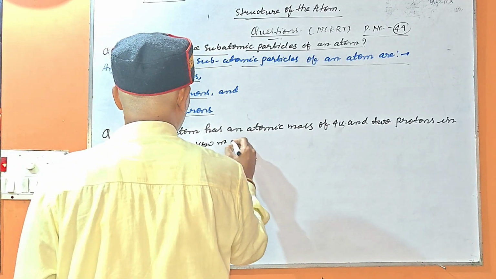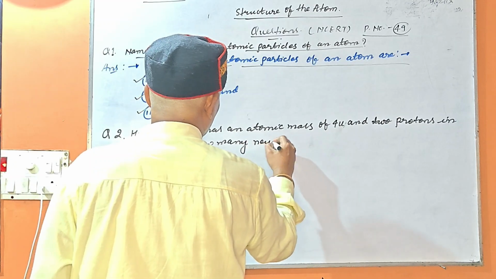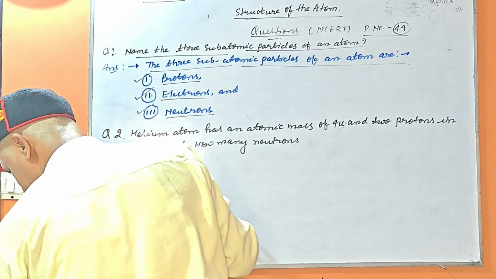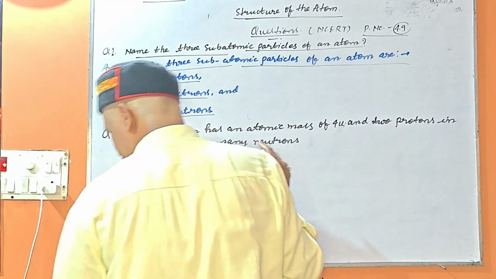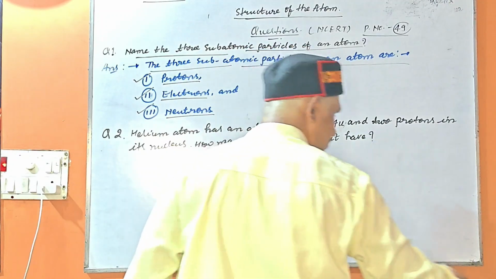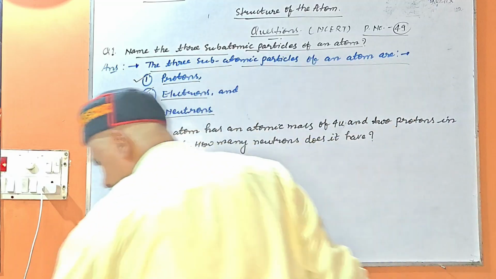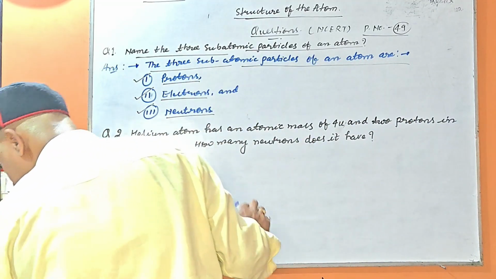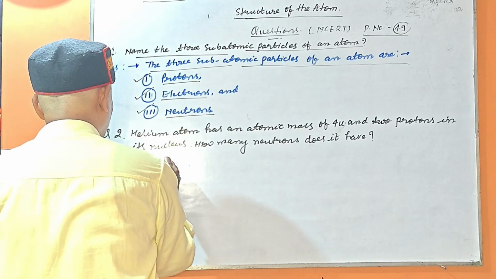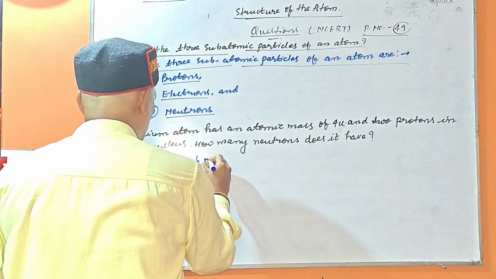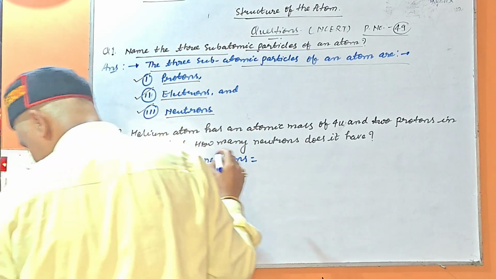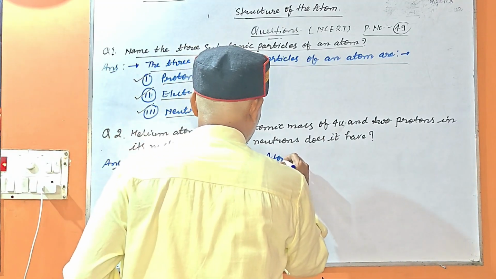The number of neutrons is equal to atomic mass minus number of protons.